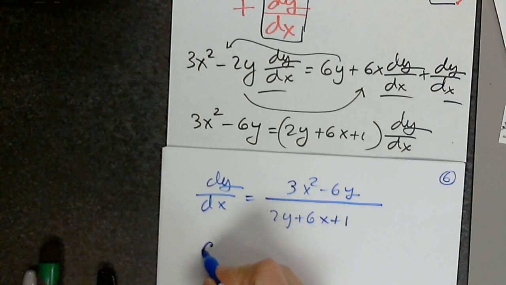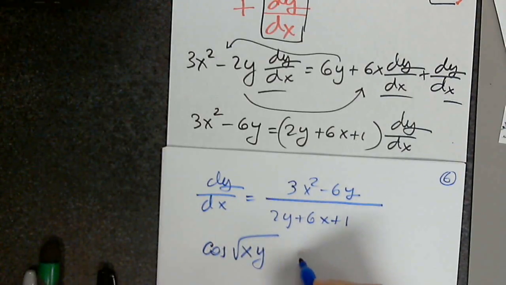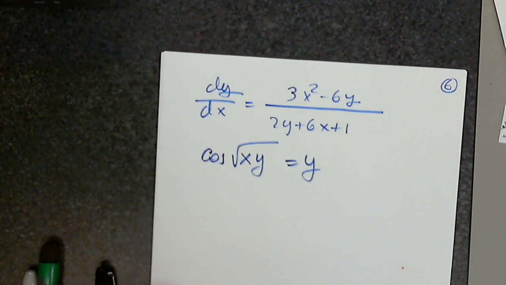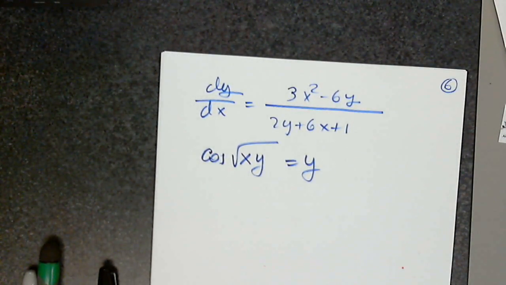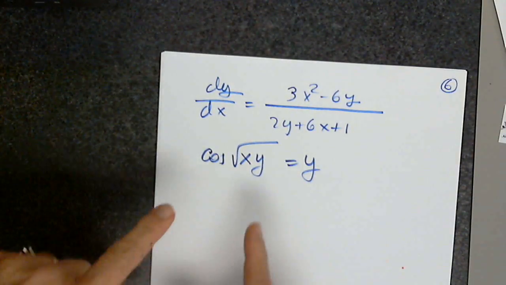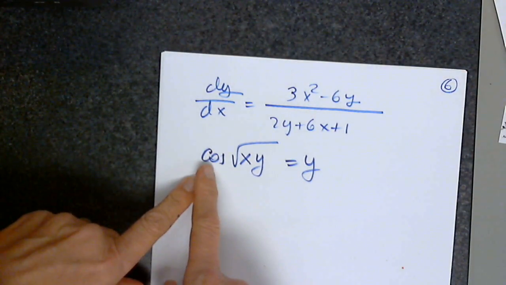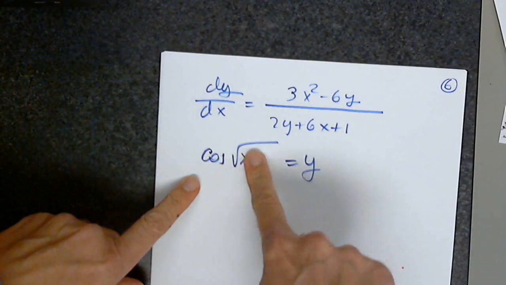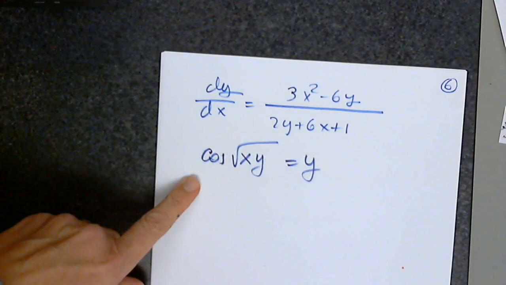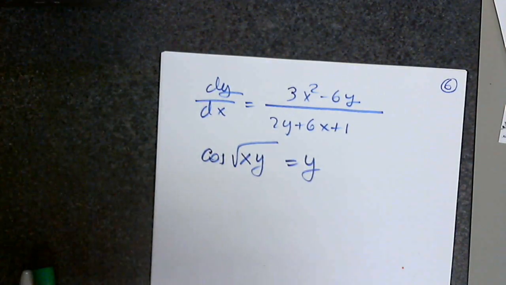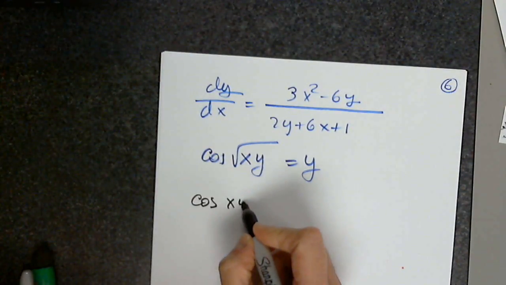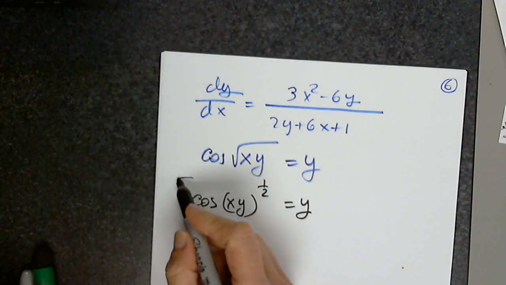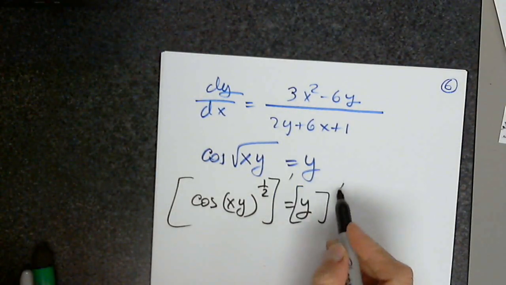Okay, so in C we have cosine of the square root of xy equals y. Careful with this side because we have an outer function which is cosine. We have an inner function that is the square root and a further inner function that is a product. So I have to rearrange it as cosine of xy raised to which power? Very good. Equals y. So this is how we start differentiating.